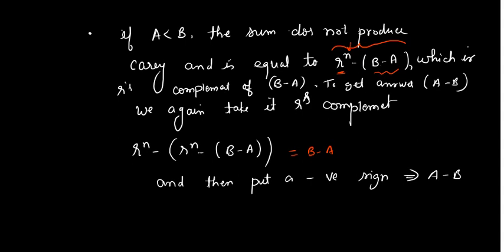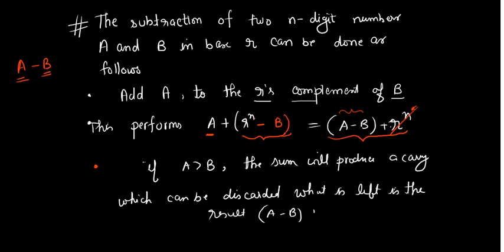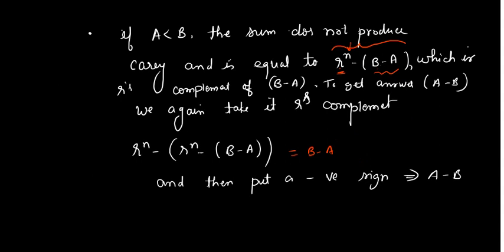So when there is no carry, the answer we are getting is not the actual answer but the r's complement of B minus A. But our aim is to get A minus B. So for that, we again take the r's complement of this number.